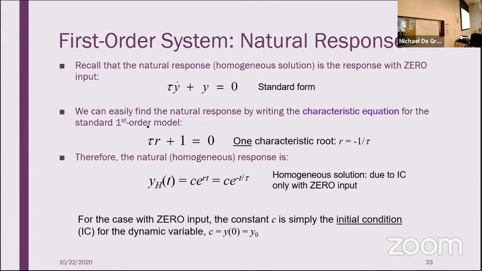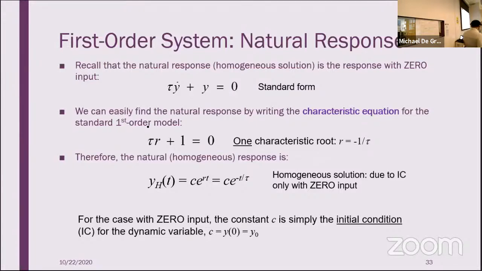So let's talk about the natural response of the first order system. When we're talking about the natural response, we're talking about the homogeneous solution, right? So that means that our equation is equal to 0. So we've got tau y dot plus y is equal to 0, and we can get our one root characteristic equation, which is tau r plus 1.